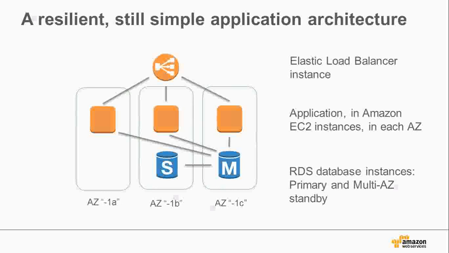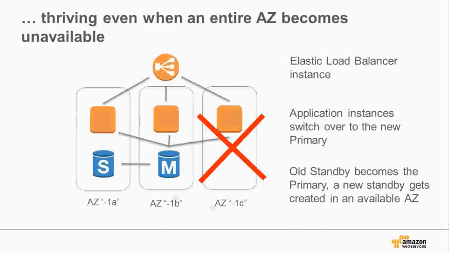Let's examine its details. Notice that the Multi-AZ setting for this instance is set to yes. We don't have the endpoint name yet, but it will be updated shortly and will be available in this field.